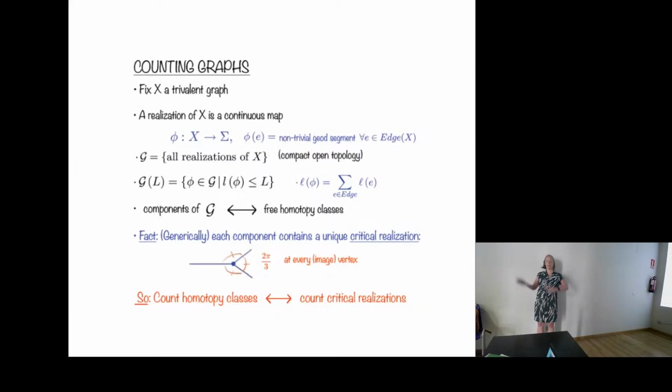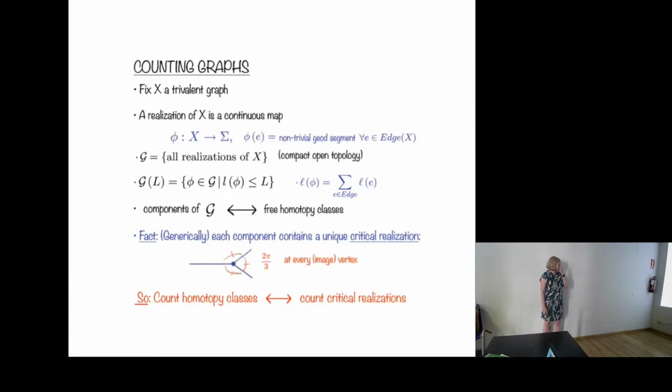And you don't want them to map back onto themselves. Okay, but you can actually find examples of things that have several critical realizations? No, it might have none. Yeah, I can map it all to points. So it never has more than one. I see. So it's the uniqueness, that it exists. Okay.